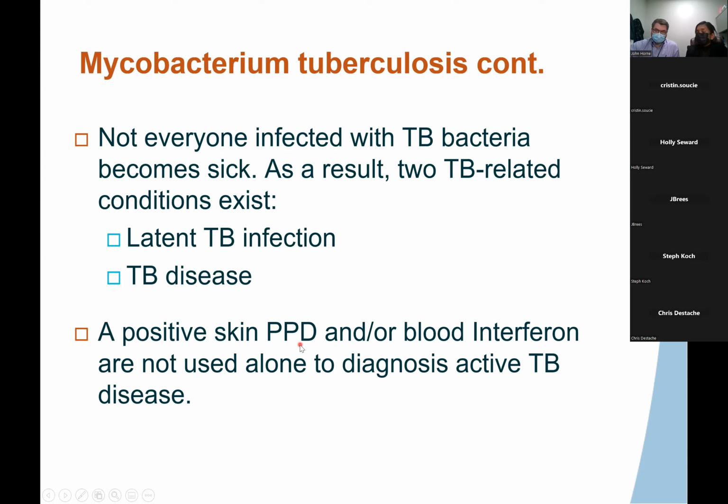Yeah, and I see a lot of people getting this confused. So it's really important to know that just because your skin test or serum test for TB, interferon or PPD, is negative, it does not mean you don't have active TB. The only way to rule out active tuberculosis infection is to get a culture. Or you could do a PCR test on a sample, but you cannot rule in or rule out with a skin test or blood test.